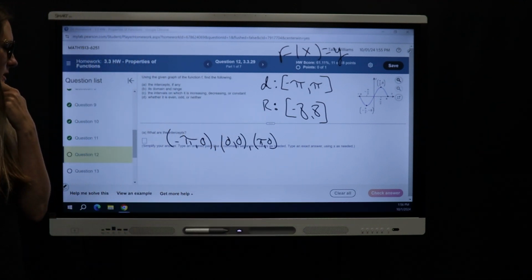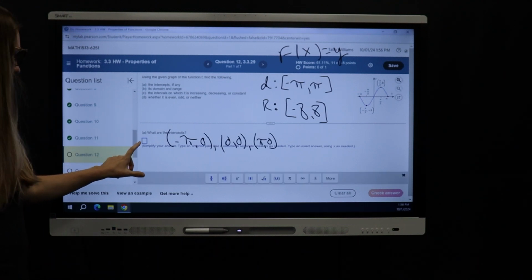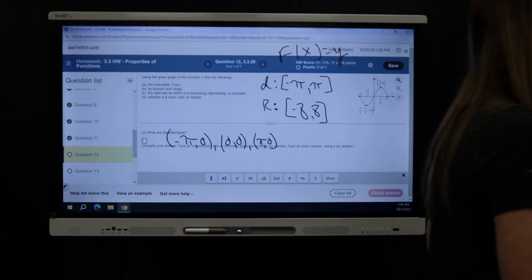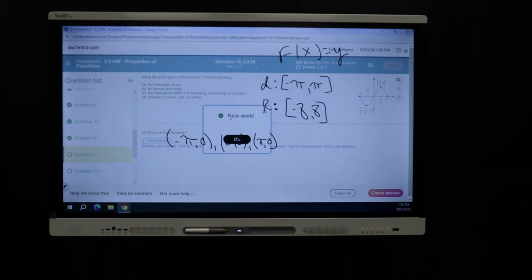Intervals on which it's increasing, decreasing, or constant. We'll type these in first. Parentheses, negative pi, origin, comma, positive pi. Yay.